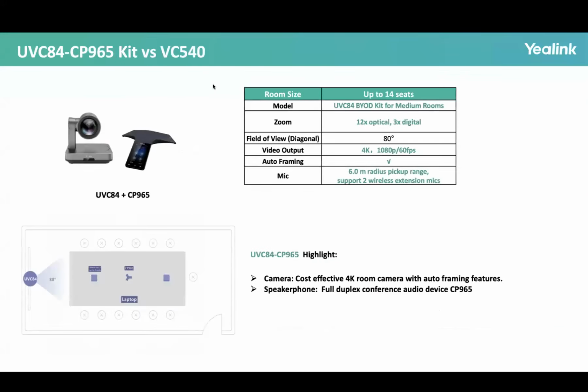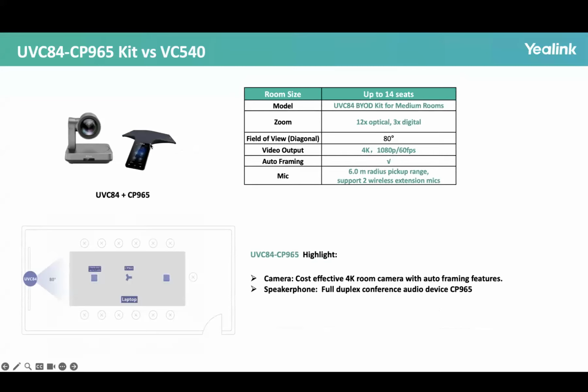Then another option is using this another speakerphone. So CP965 is an IP telephone from Yealink, but it also acts as a speakerphone because it has Bluetooth built into it. So if you use a CP965, you can extend it with additional wireless microphones if needed, and you can achieve both video conferencing ability, audio conferencing, and also SIP conferencing.